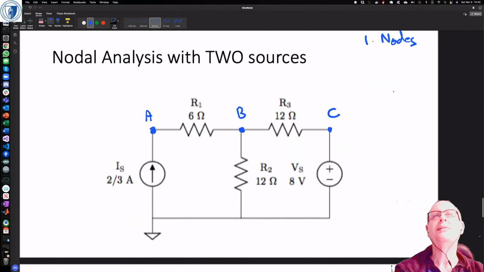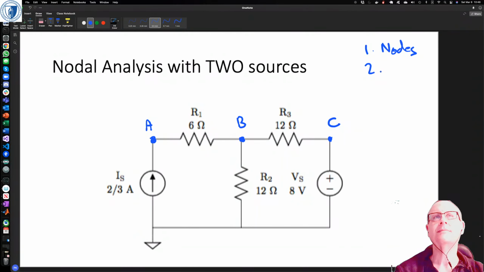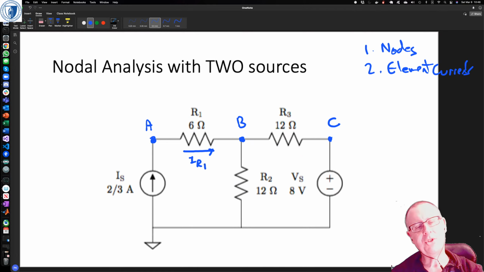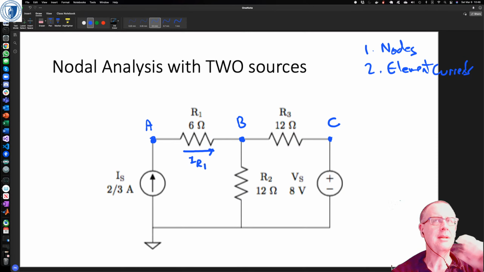So the element currents, and you have to define the directions you mean. So here I'm going to say IR1, and just like with defining the directions of the mesh currents, defining the directions of the element currents is completely arbitrary.